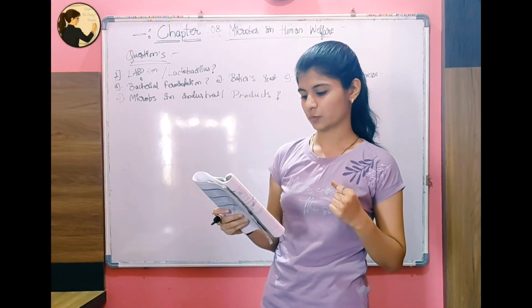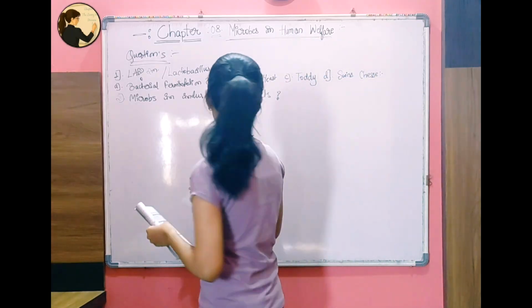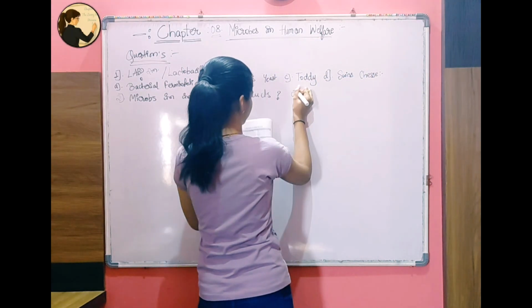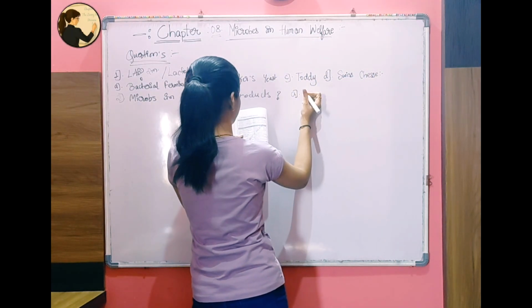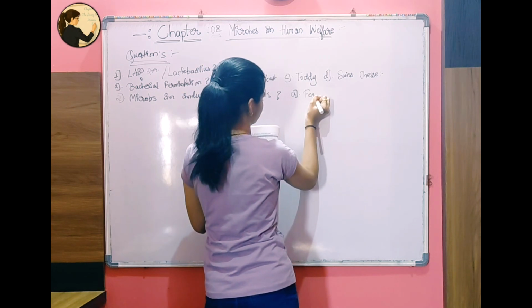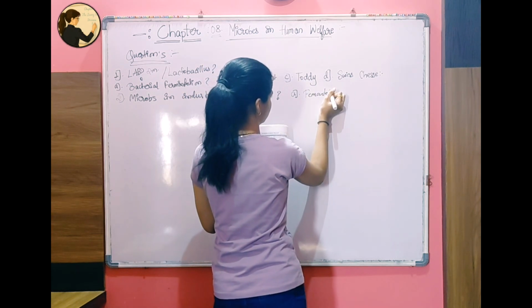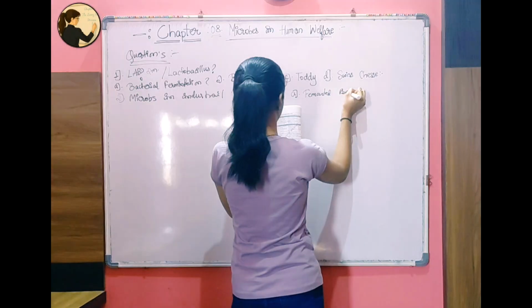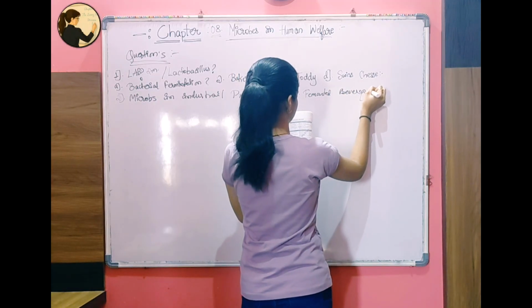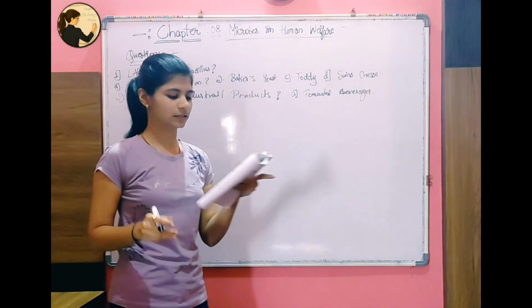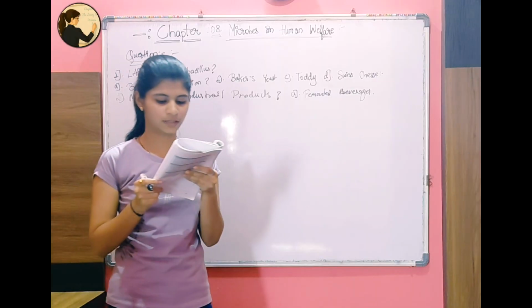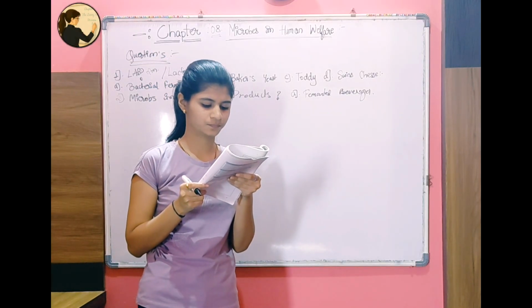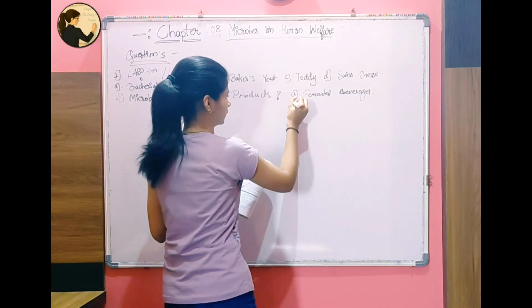So in this, option A will be of what? Fermented beverages. Now you have to write the definition of that, only the definition. Then about the antibiotics.